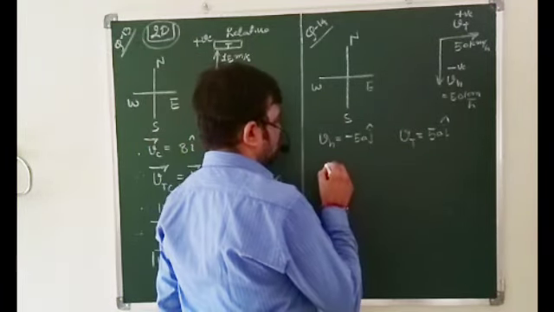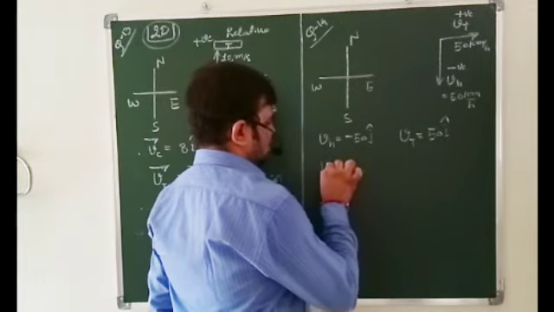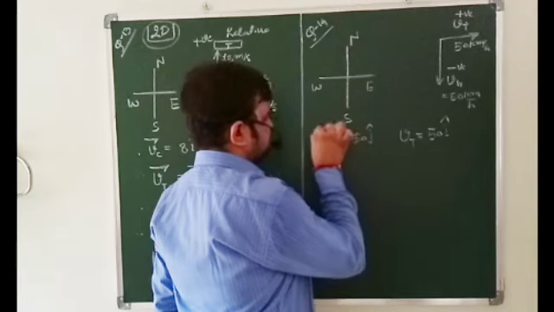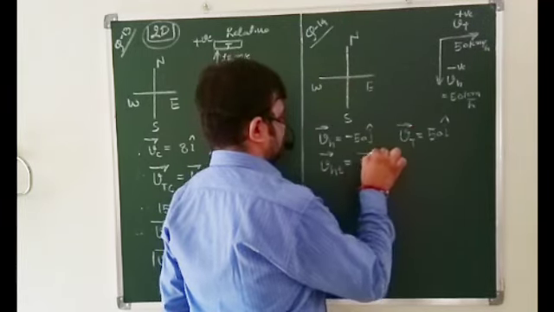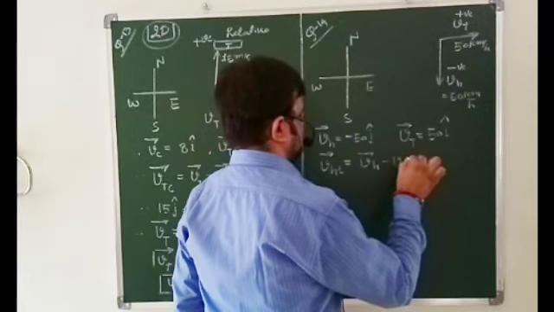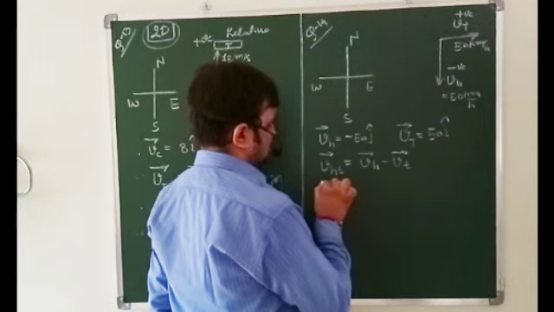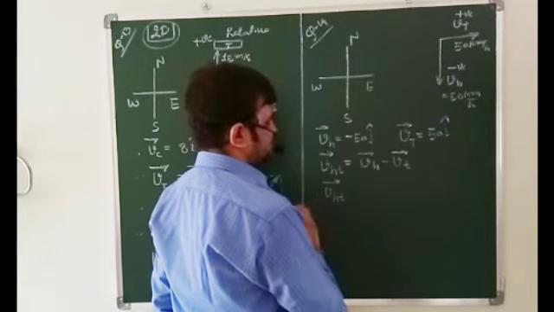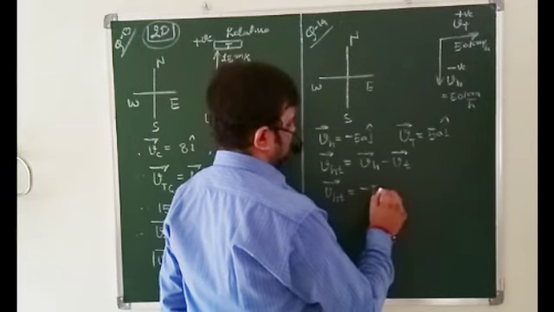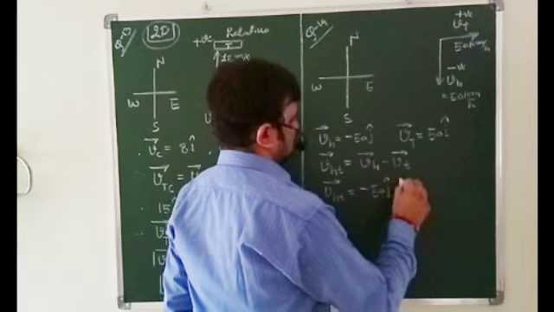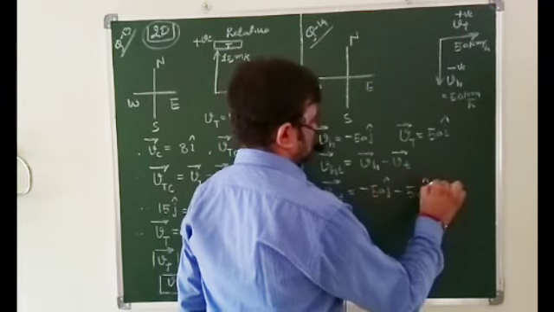Now ultimately we have to find the direction of VHT. VHT is VH minus VT, where VHT is the velocity of helicopter with respect to train. So VH is minus 50 j caret minus Vt, and Vt is 50 i caret.